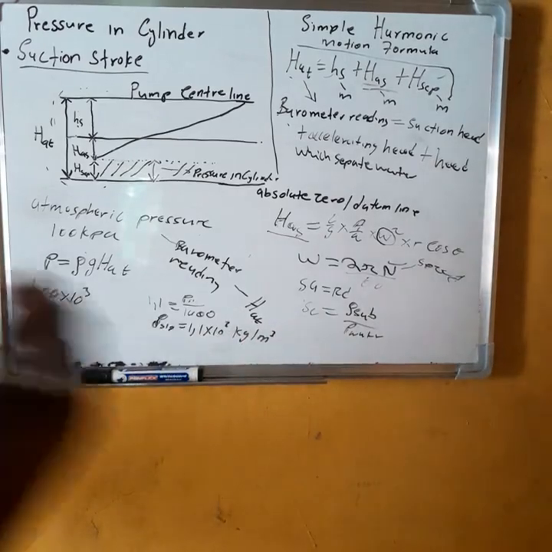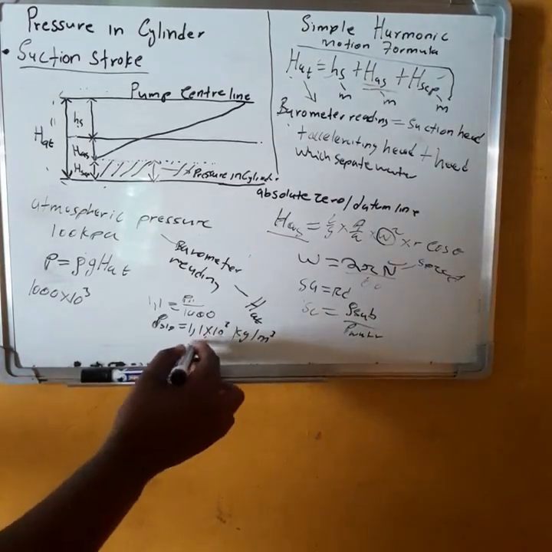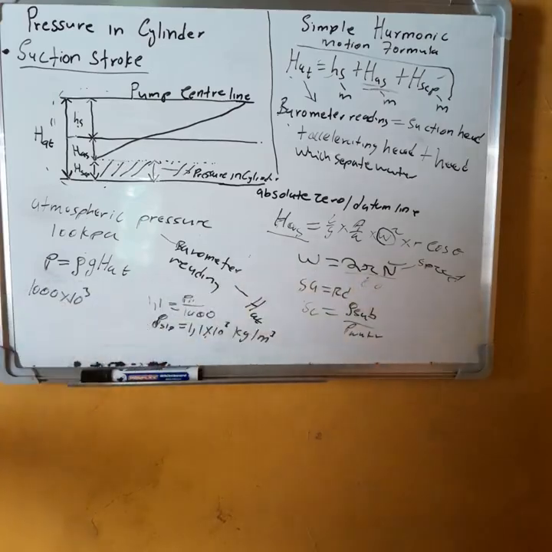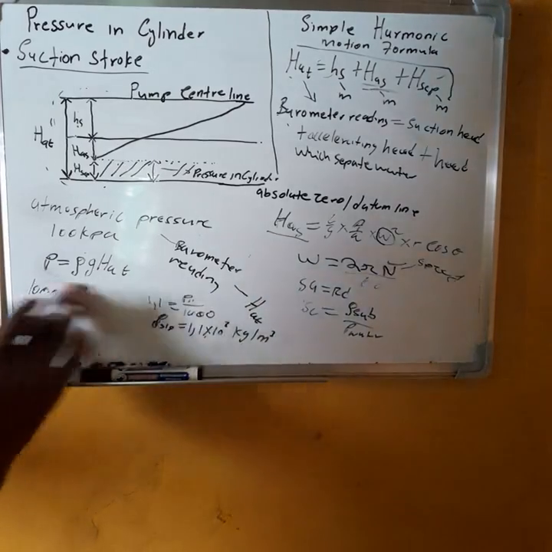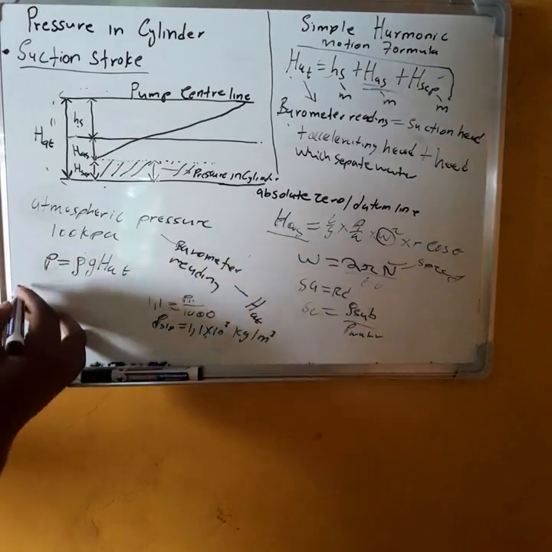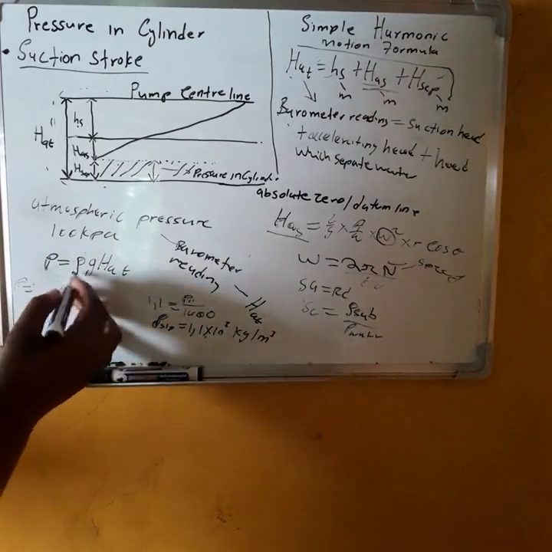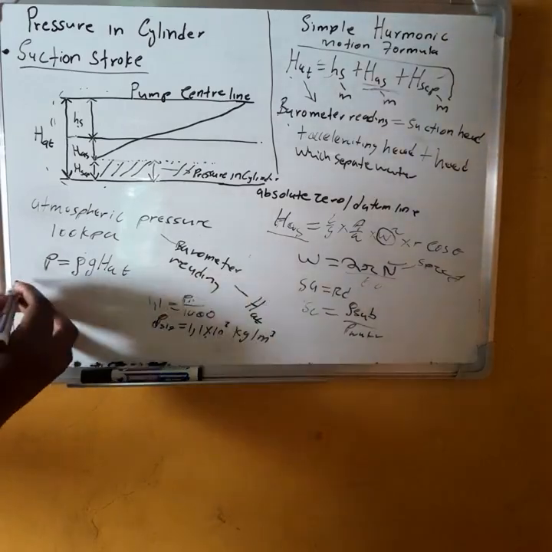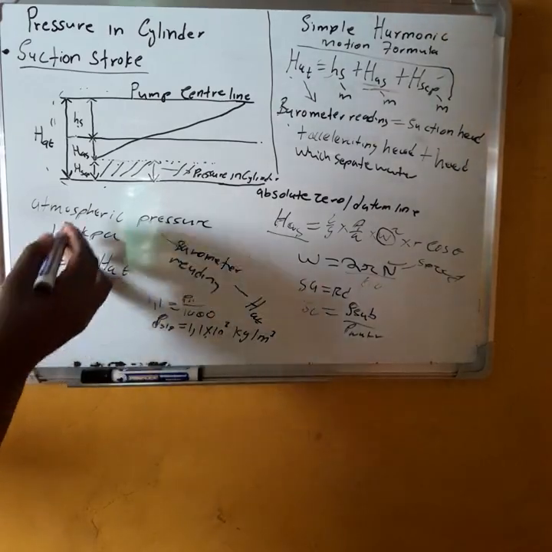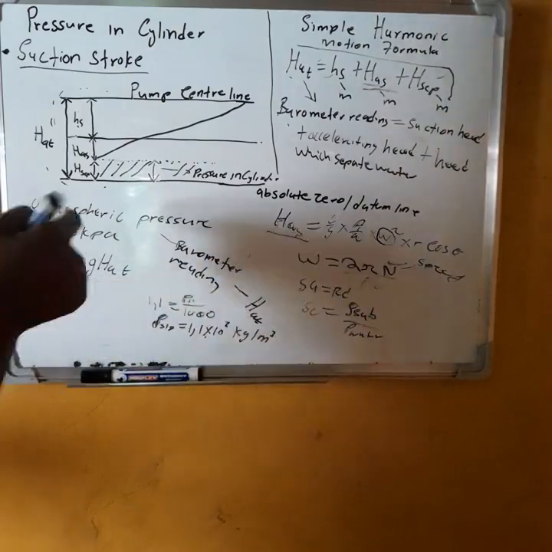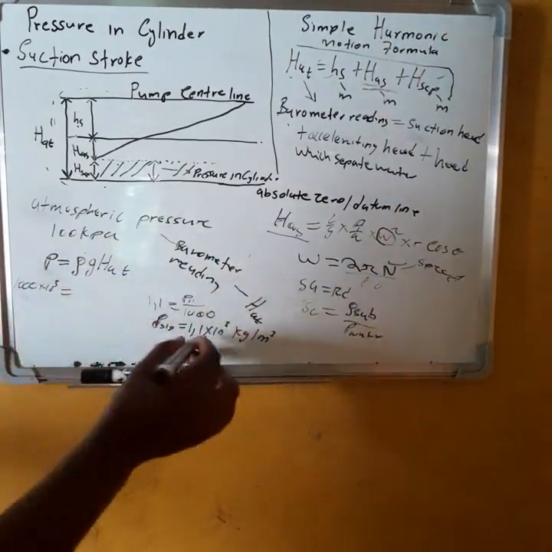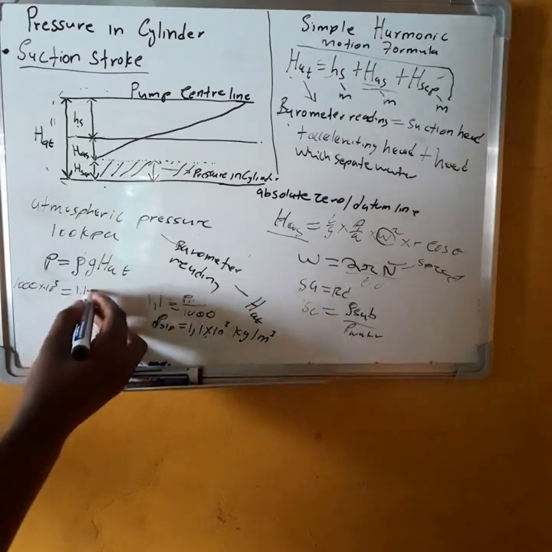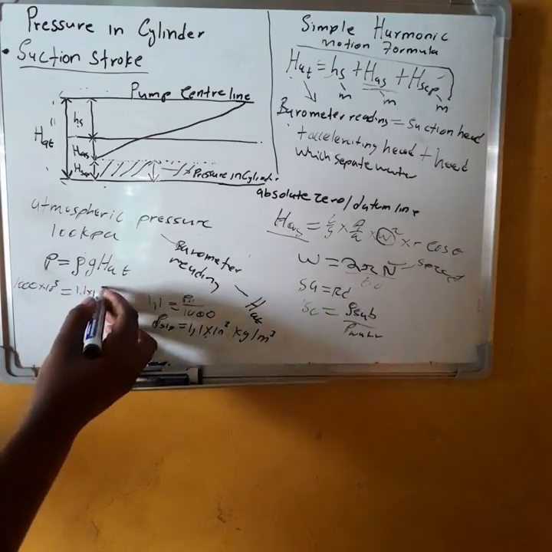Since you have the density, you can substitute it in this formula. P, the pressure, is 1000 times 10 to the power 3. Your density is 1.1 times 10 to the power 3.